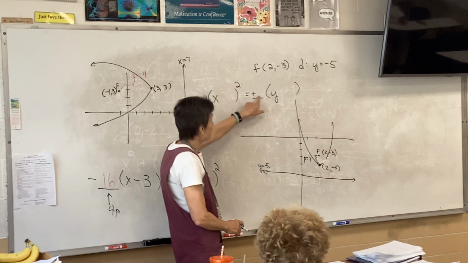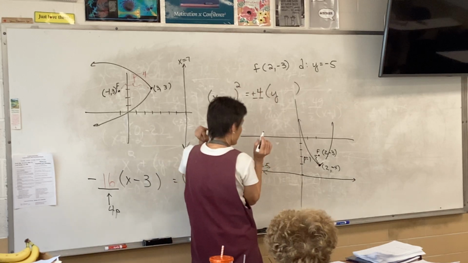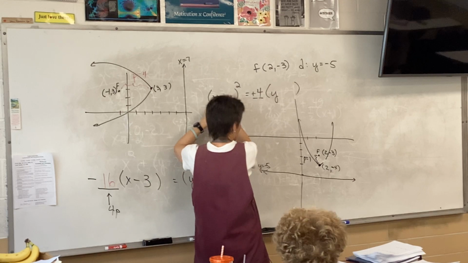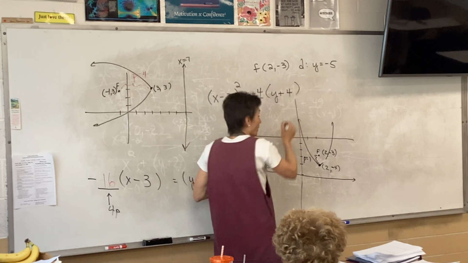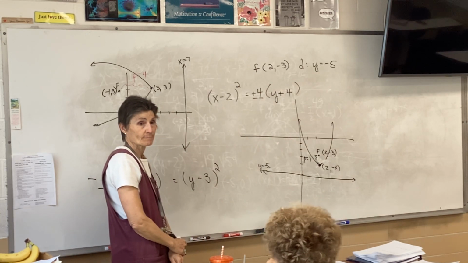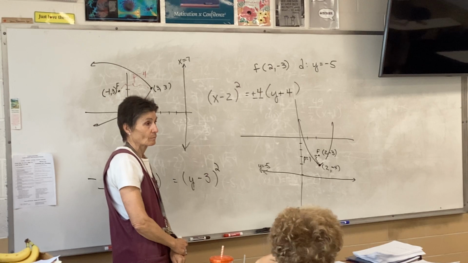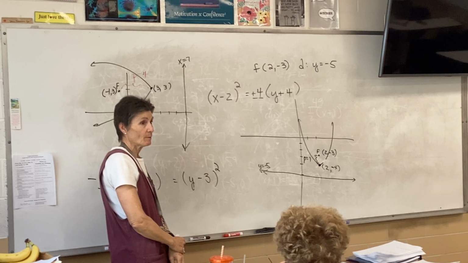What number goes right here? 4. Oops, I never filled in my parentheses either. So this will be x -2 and y +4. You okay with that?